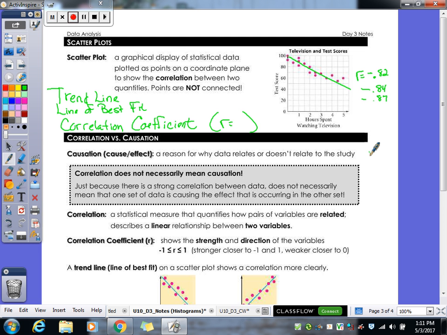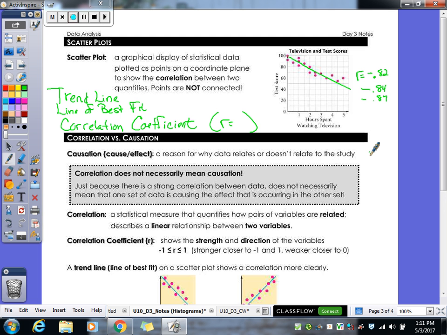So we said that these two things are correlated, but we couldn't say that one thing caused the other. So what are some things that are causal? Well, if it rains today, which it is, the grass is going to grow. Is that correlated or is that caused? Does the rain cause the grass? It's caused, right?